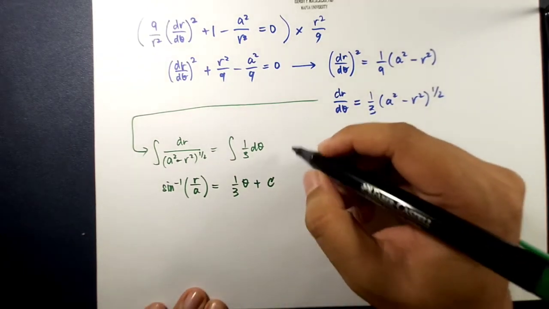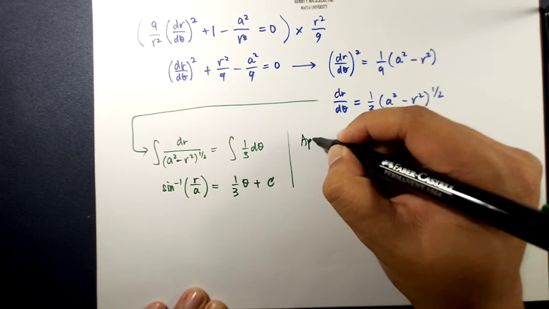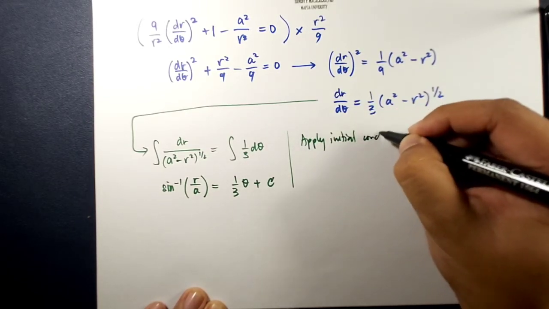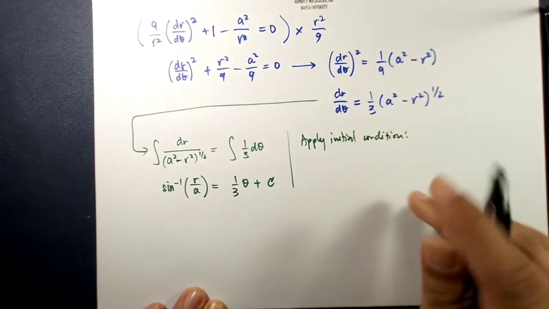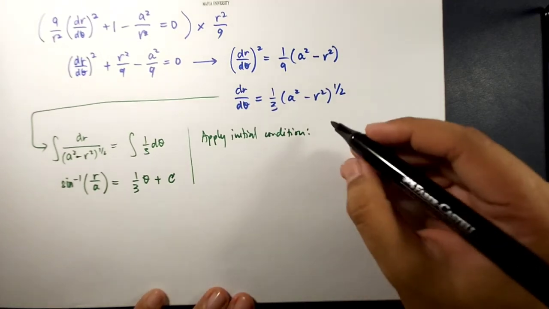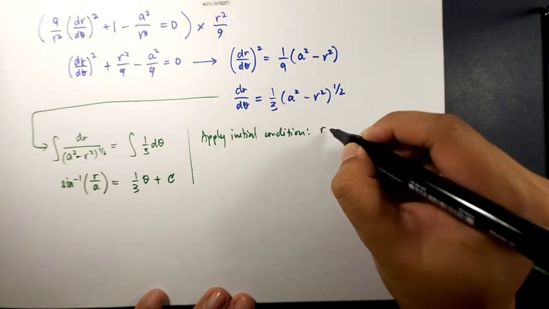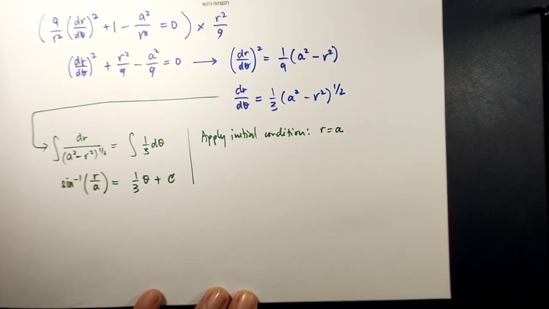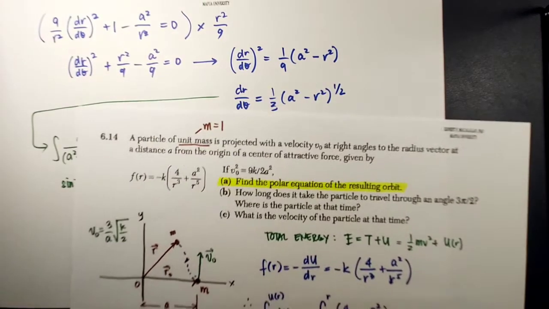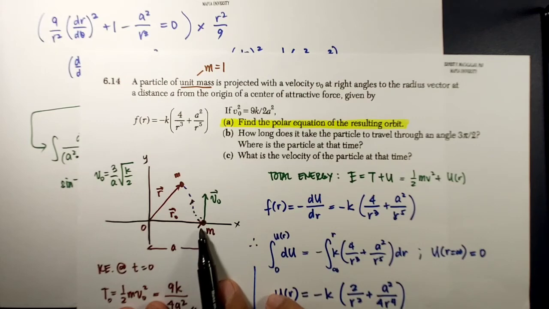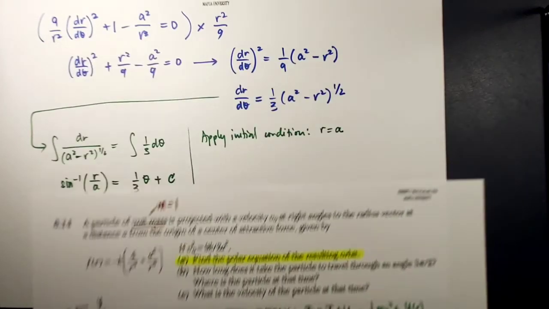Now, let's apply the initial condition. So what is the initial condition that we're going to apply? The initial condition is that when r is equal to a, the polar angle is equal to 0.